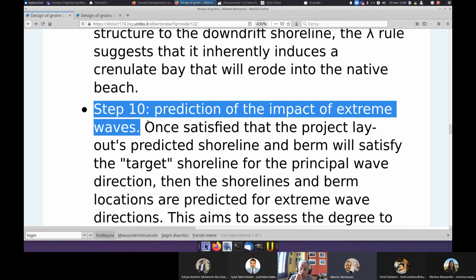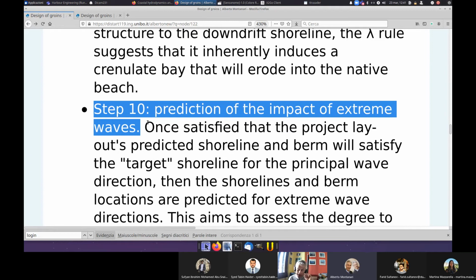Dominant means frequently occurring, a very frequent situation, because the dominant behaviors are those responsible for the long-term evolution of the beach. On the other hand, extremes are responsible for shocks. And we have to make sure that these shocks don't destroy what has been evolving in the long term.